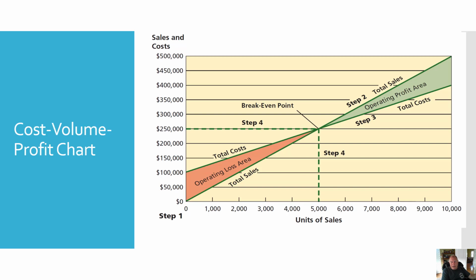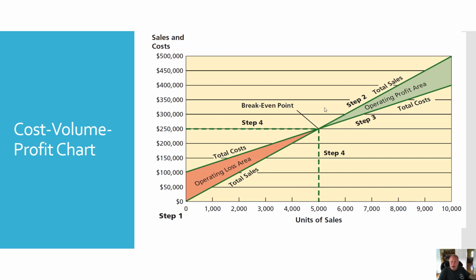When we look at our cost volume profit chart, we can start to see these different things. Our break-even point, we can see, is 5,000 units at revenue of 250. Everything above that, given that expenses behave the same as they have, we'll see going up.